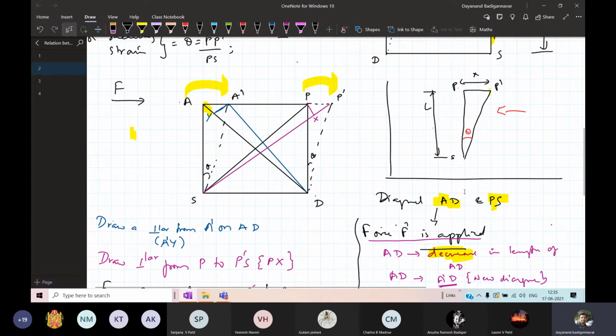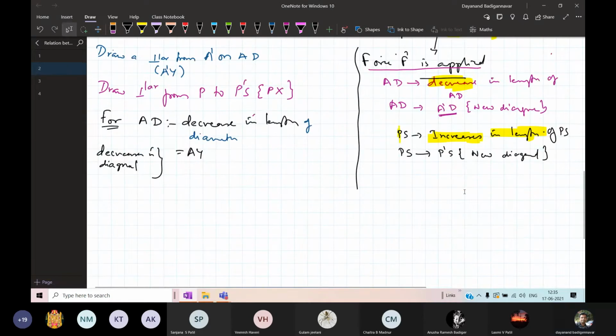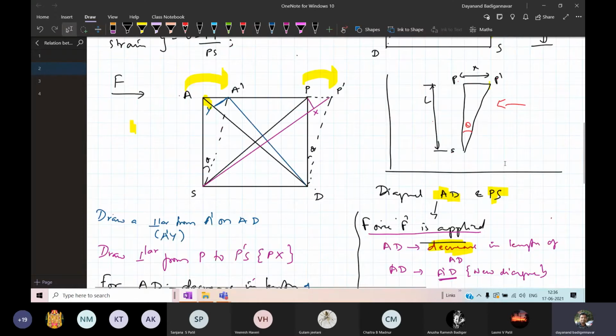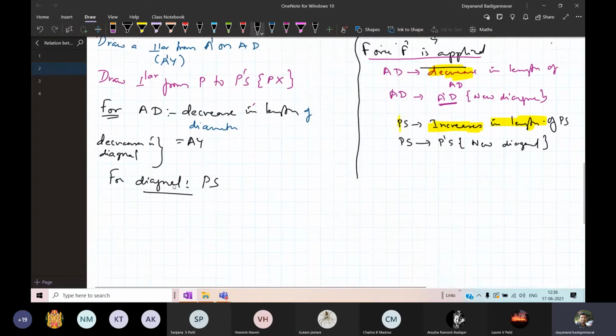Therefore, I can write the second one for the diagonal PS. For the diagonal PS, there is an increase in length. How much is the increase?